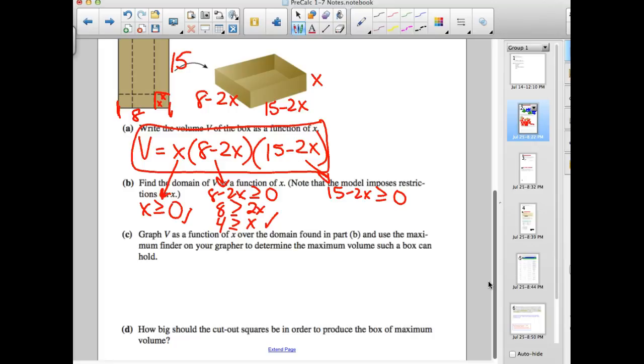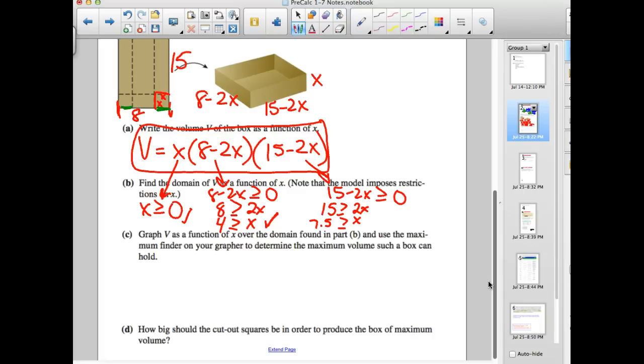What would we get over here on this third side? x would have to be less than or equal to 7.5. Now, if this restriction says that x can't be bigger than 4, then this one doesn't matter. There's no way I can go up to 7.5. If you think about it in terms of our picture, could we cut off 7.5 here and 7.5 here if we only had 8 inches to start with?